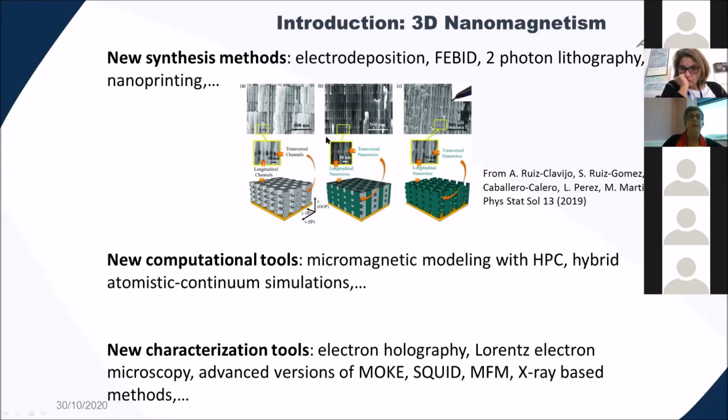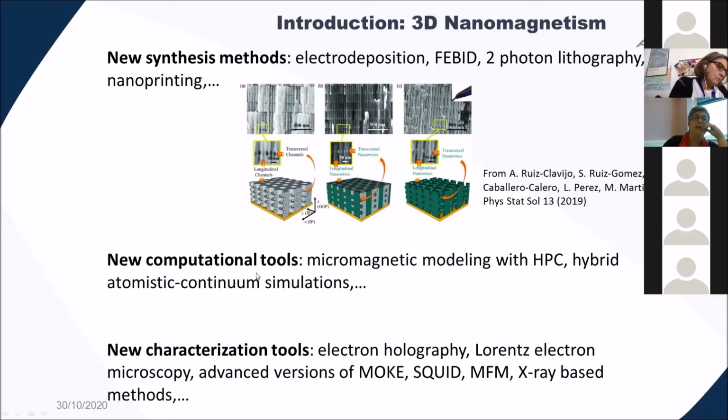New materials must be accompanied by new characterization tools, both at the computational level, aided by high performance computing, and sometimes having to go to hybrid methods, not only micromagnetic simulations, but hybrid atomistic-continuum methods.